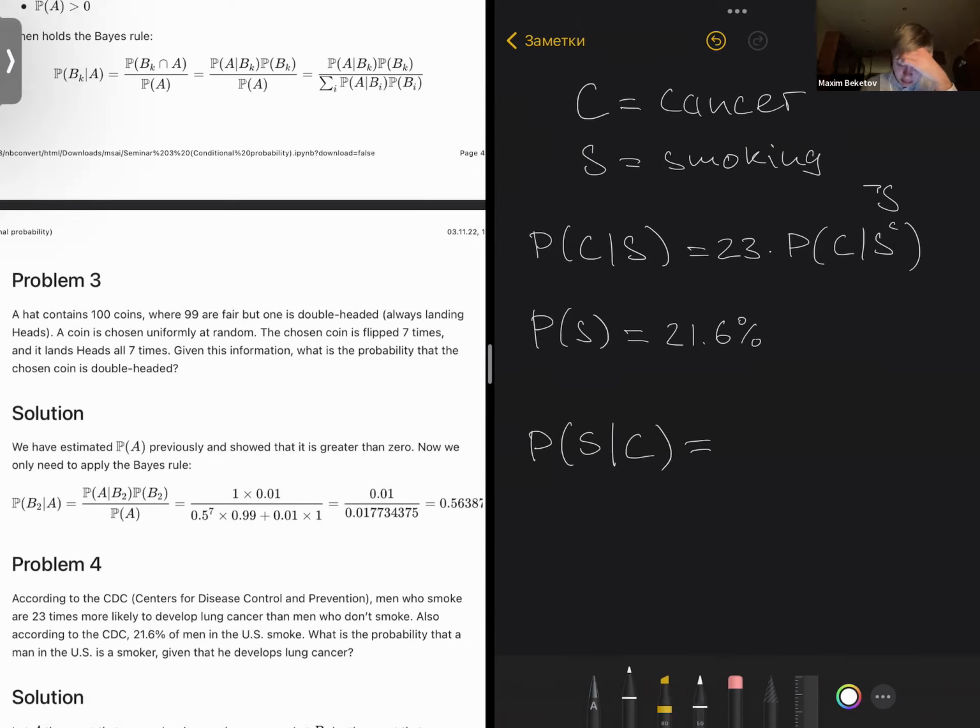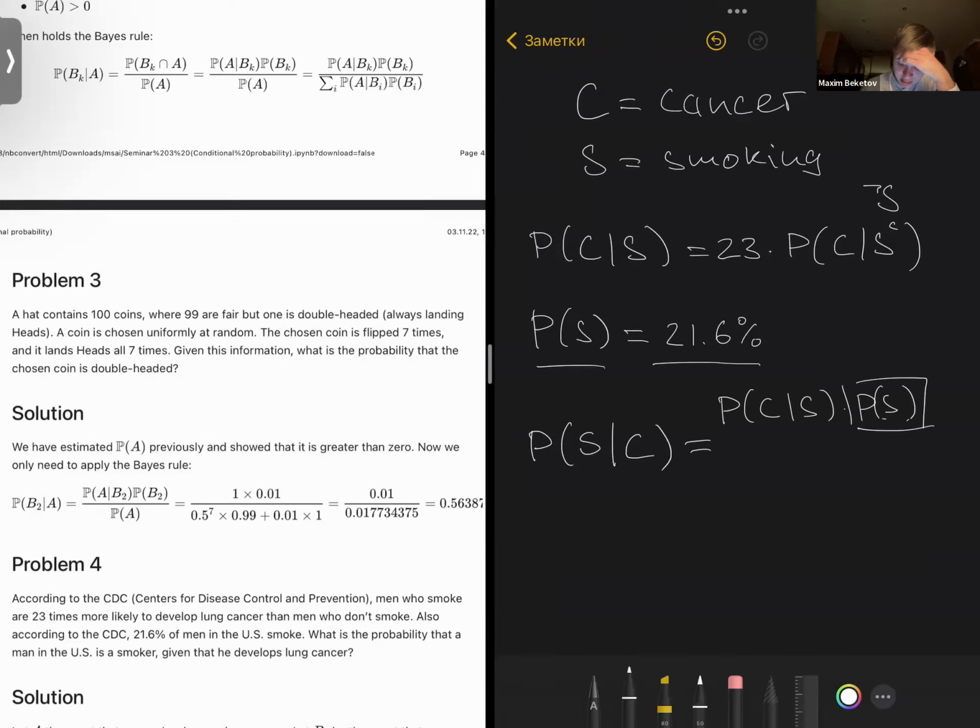Of course, we can use Bayes' rule for that, right? So that is P of C given S times P of S. P of S, we have it. Let me circle that. That we know.